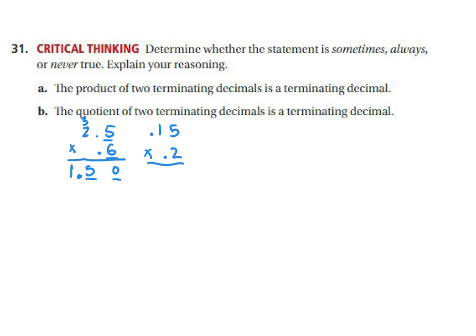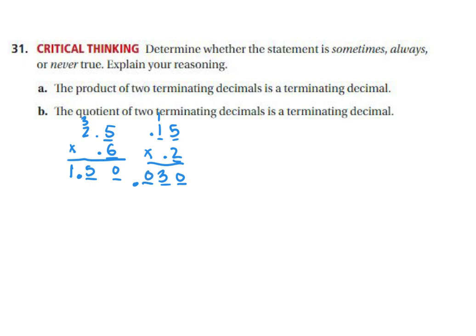The key comes in the fact that we already know there's going to be 3 digits after a decimal point. 2 times 5 is 10. 2 times 1 is 2, and 1 more is 3. And we have 3 digits after a decimal point. So it's 0.030.